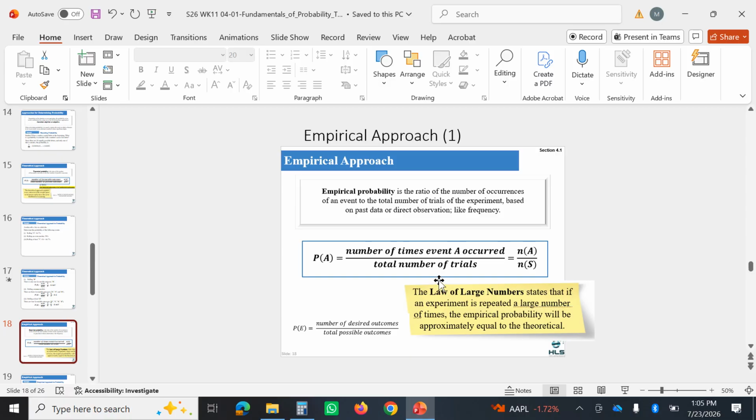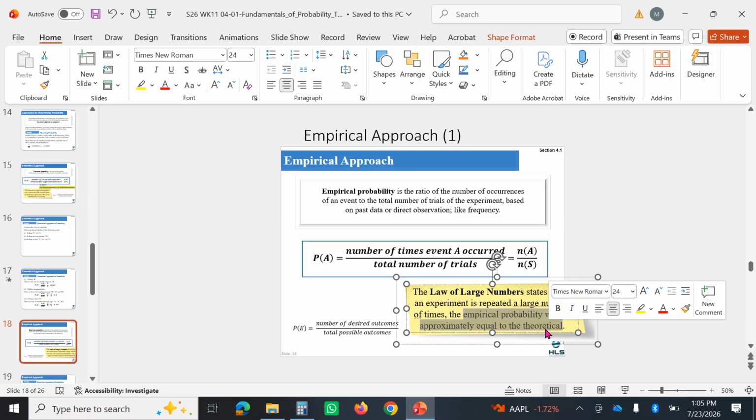I got 8 heads and 2 tails, which isn't right. But if I flip that coin 1,000,000 times, the law of large numbers states that if an experiment is repeated a large number of times, the empirical probability will approach the theoretical probability. So, a very important concept. If I flip that coin 1,000 times, I will start to get close to 50% heads, 50% tails, if the coin is legit.